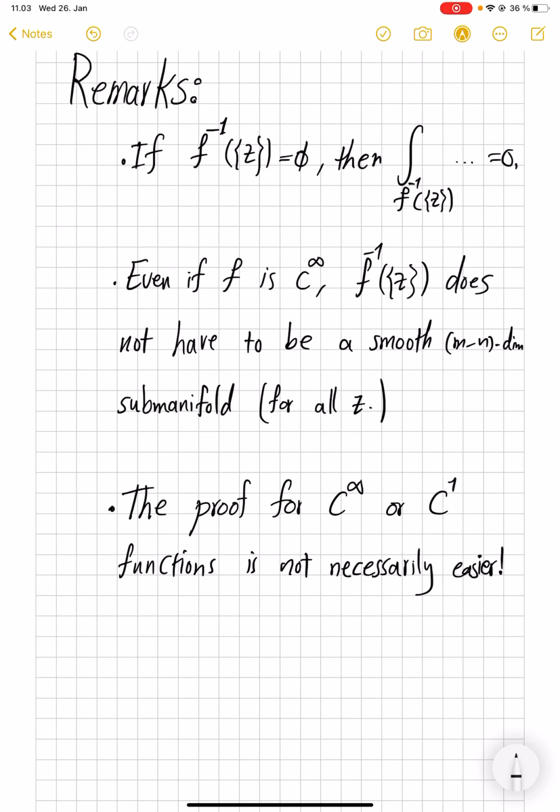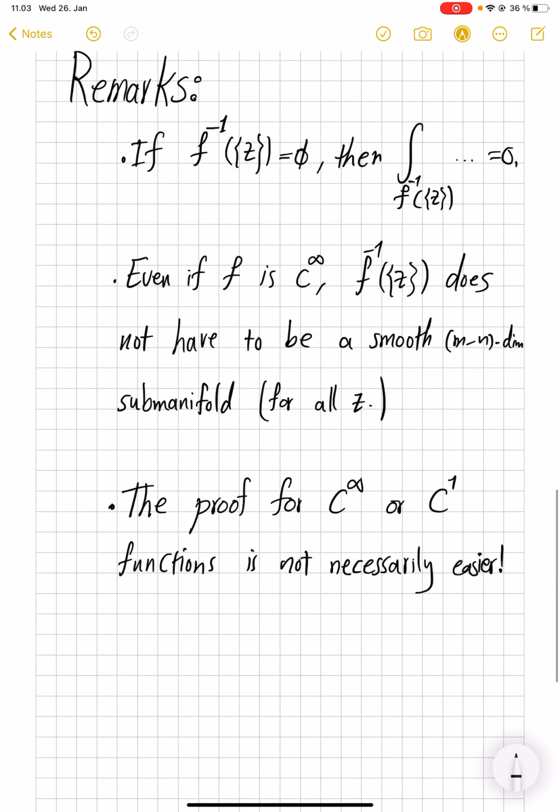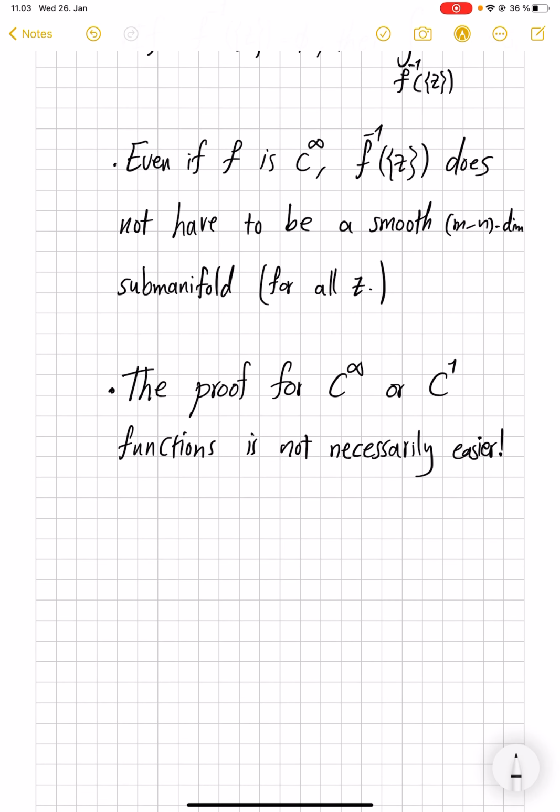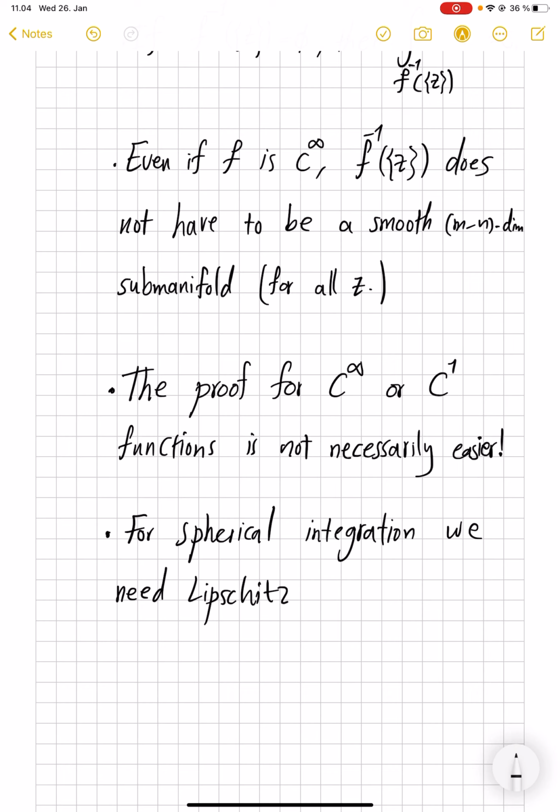So we'd rather prove it for Lipschitz than for more regular functions. In fact, for the spherical integration formula, we need Lipschitz because this function, the absolute value of x, is not C1. At the origin, there's the problem.